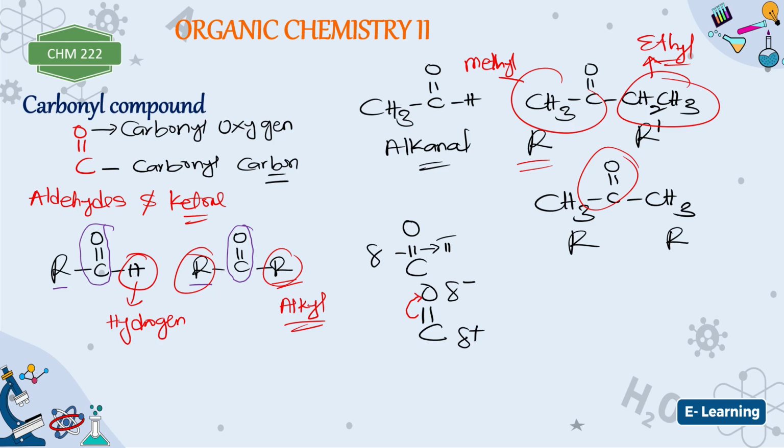Note that whenever something gives out electrons, it becomes positively charged, while what gains electrons becomes negatively charged. In this context, the oxygen is not completely withdrawing the electrons, but to some extent it is dragging the electron cloud towards itself. It means the electrons are more concentrated on the oxygen as compared to the carbon.